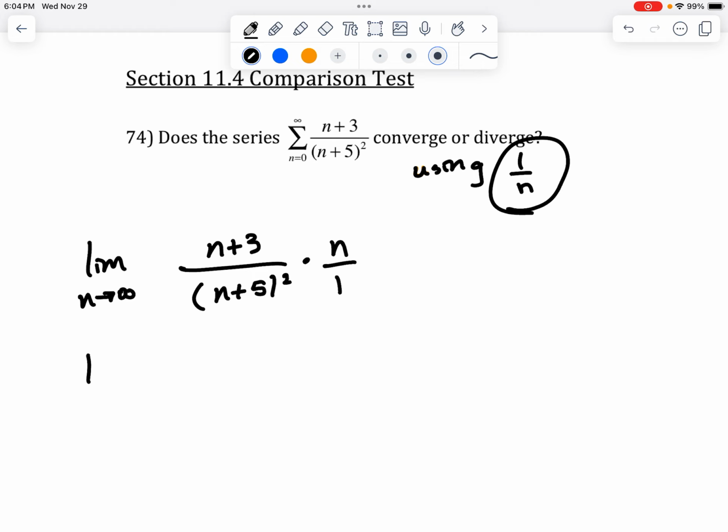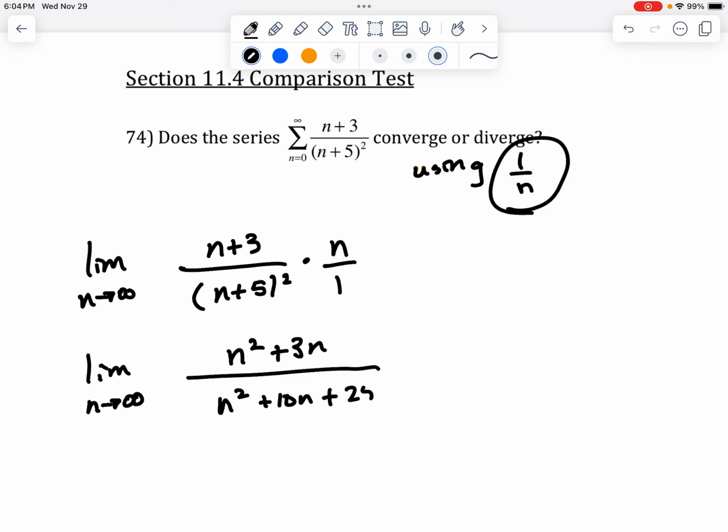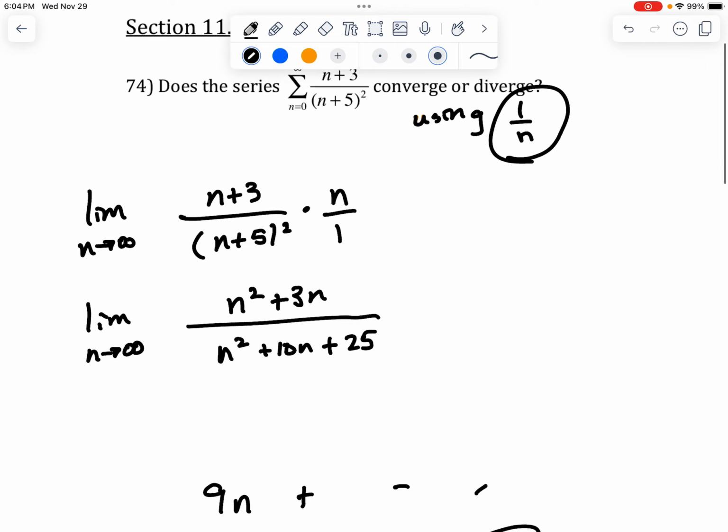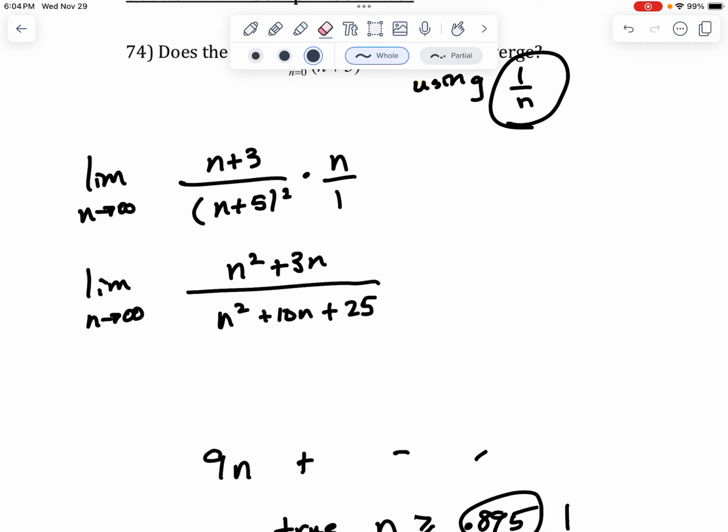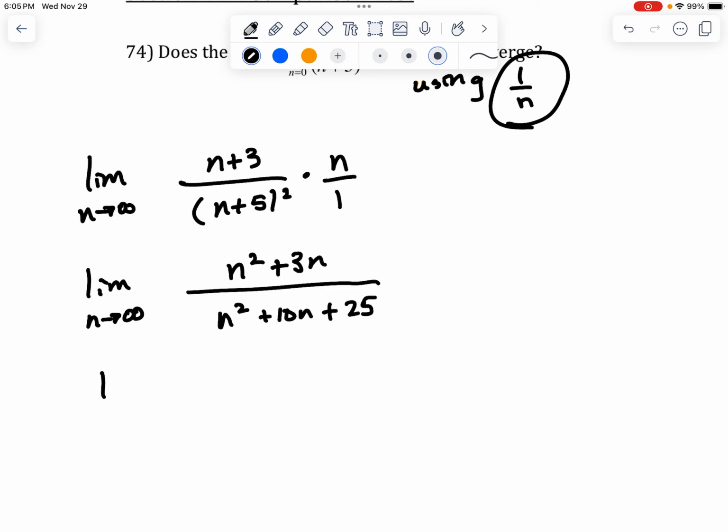And then it's going to be the limit as n goes to infinity. On the top, there would be n squared plus 3n. On the bottom, there would be n squared plus 10n plus 25. And then you can just use L'Hopital's rule, and we'll be done in just 1 or 2 steps.